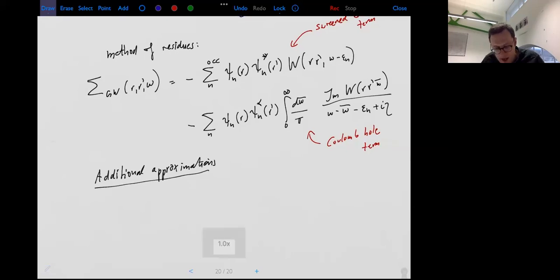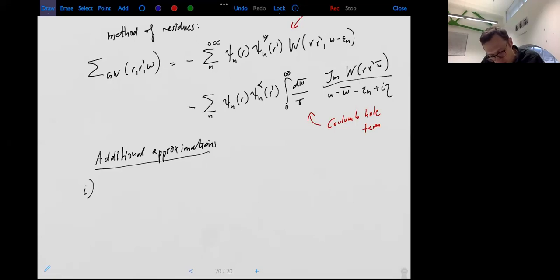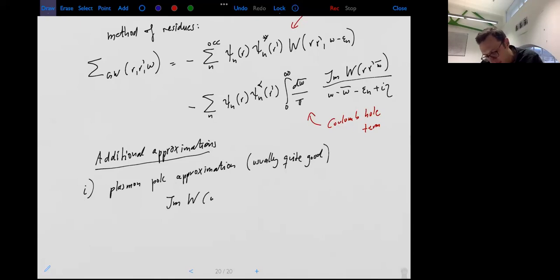So the one is the use of a so-called plasmon pole approximation. And that is basically an approximation that's usually quite good. What is being assumed is that the imaginary part of the screened interaction as a function of frequency, which is basically the quantity that comes into the Coulomb hole term of the self-energy, is approximated by something proportional to a delta function.